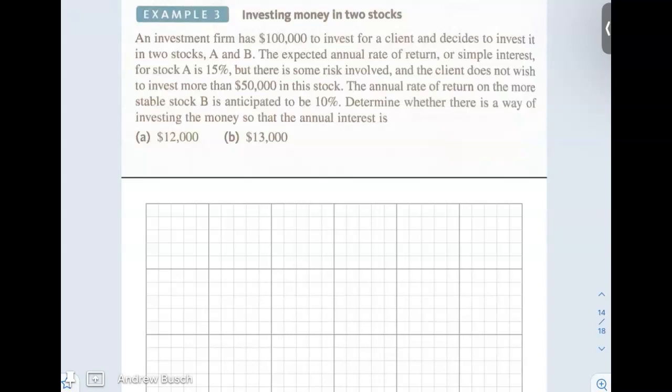So first, let's say X is the amount going in stock A. And then we have the amount invested in stock B. However, we only have $100,000 that we can invest.